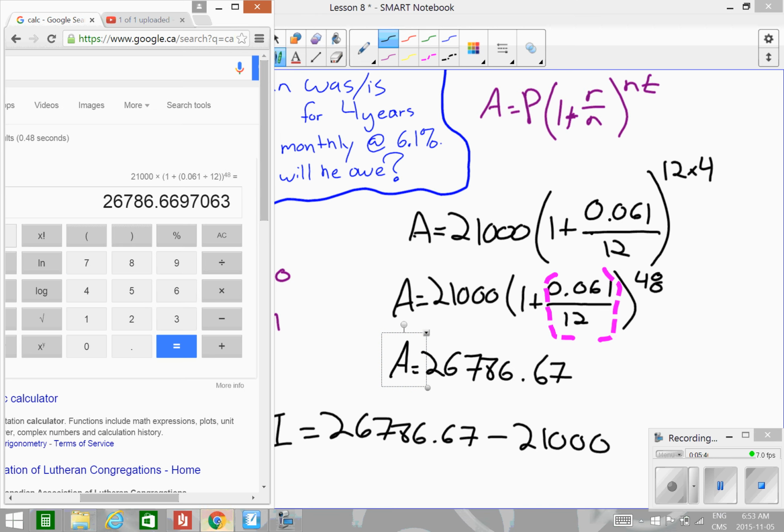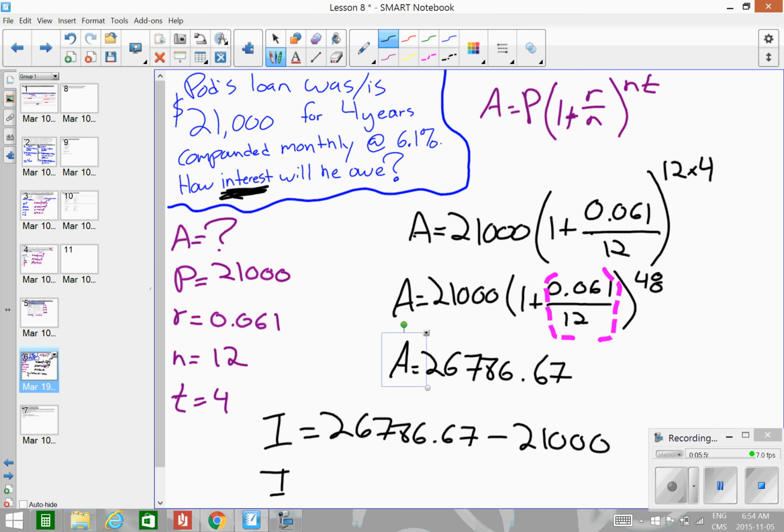I take that number and I subtract my starting amount. And that's how much I'm paying back in interest: $5,786 and 67 cents. All right, that is my interest. That is my extra I'm paying back.